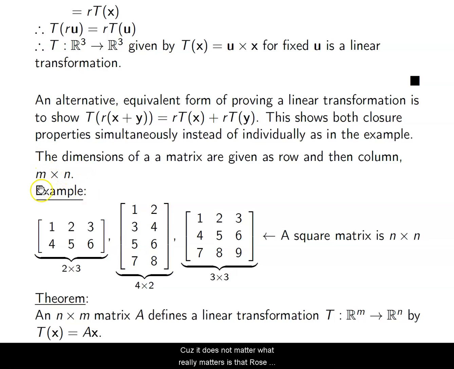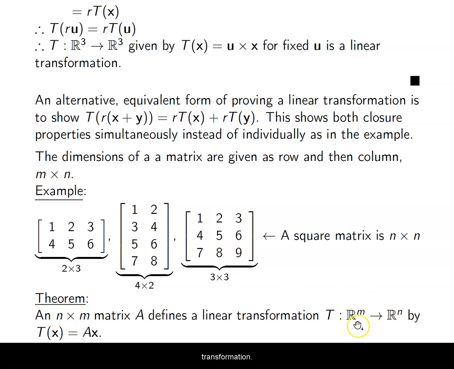What really matters is that rows are first, columns are second. So if I have a matrix that has n rows and m columns, and I call it A, this is going to define a linear transformation from Rm to Rn by T of x equals A x.